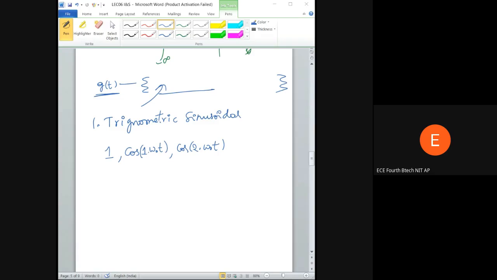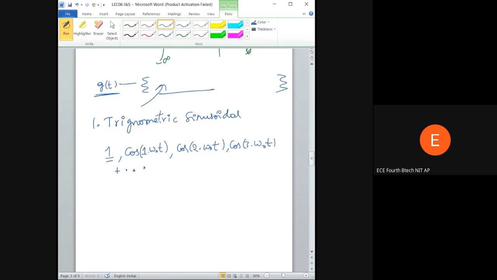Now I'm giving a small task for my enthusiastic signal processing learners. I am giving you some sets of signals: cos 2 omega naught t, cos 3 omega naught t for some value of omega naught, and so on.